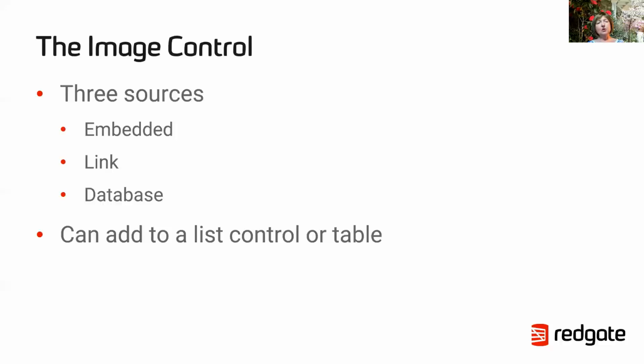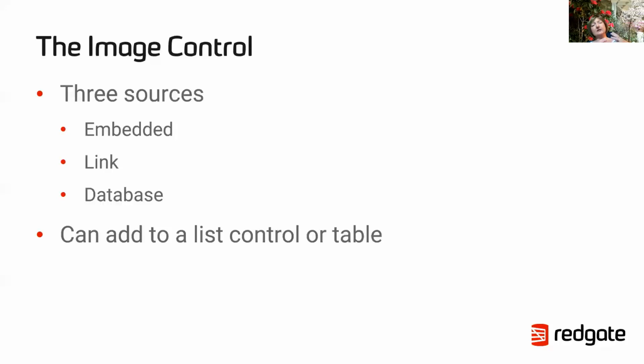The image control must be linked to some images, obviously, and you can have 3 different ways to do this. Either the image can be embedded in the report, you can link to an image that's out on the web or in your intranet, or you can also pull images from a database.